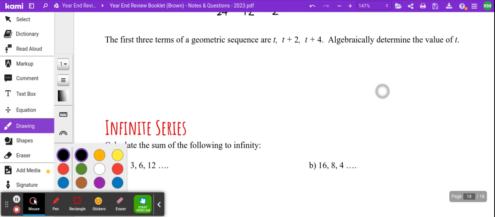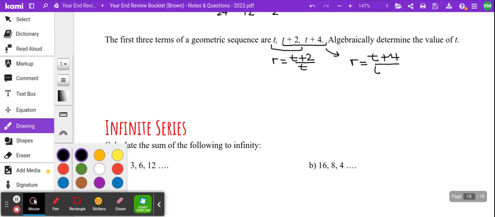Would you agree to get from one to the other, the thing in common is the common ratio? So to get from the first term to the second term, could I say that the common ratio is t plus 2 over t? Or to get from the second term to the third term, the common ratio is? Good, t plus 4 over t plus 2.